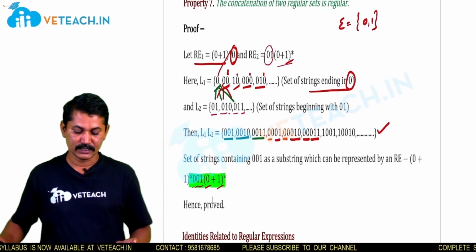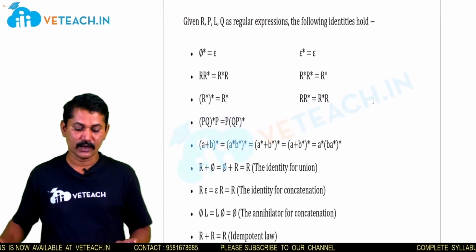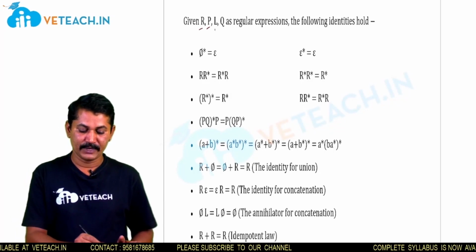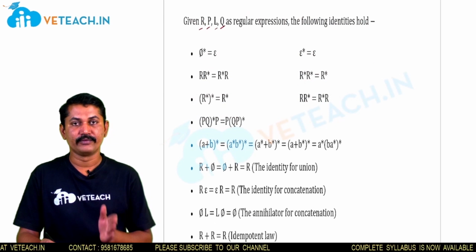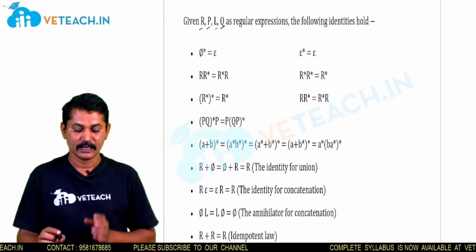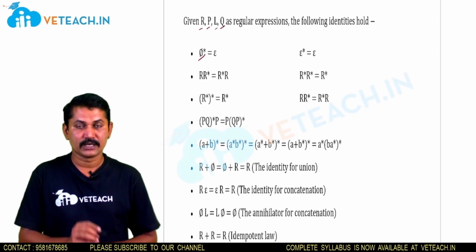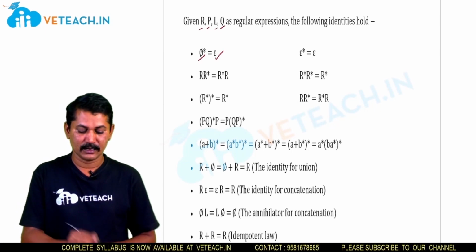Now we are going to see the identity rules of regular expressions, where the given R, P, L, Q definitions we know from the previous. Now see, the closure of the null set is epsilon.